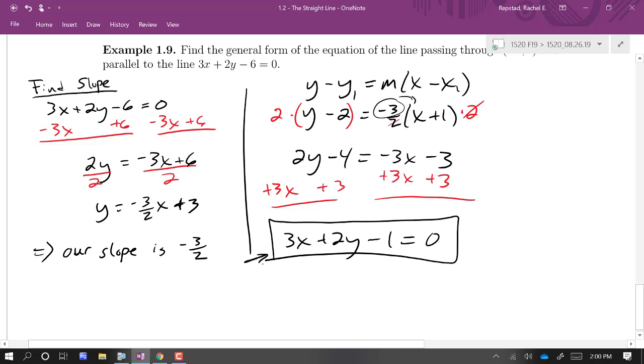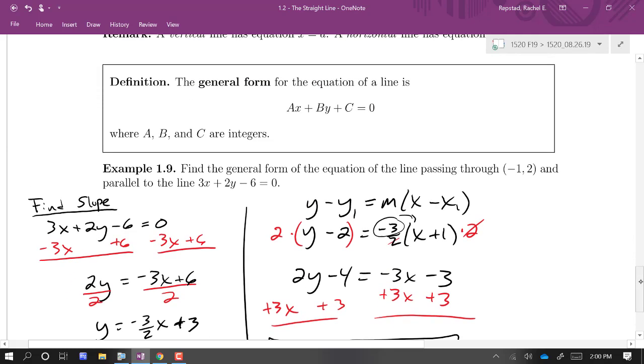Take this equation, multiply through by negative 1, both sides. So just say it. What do I write down?